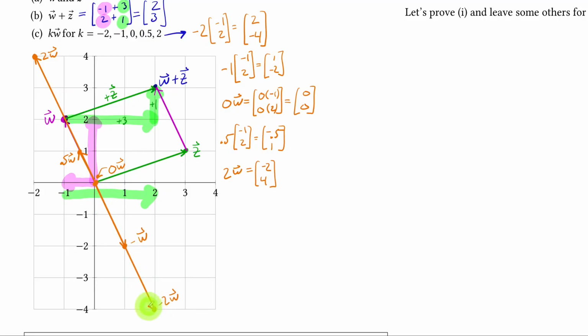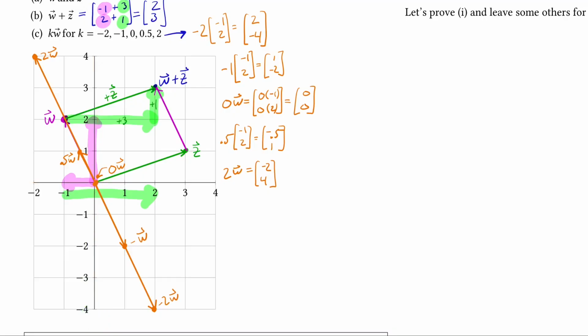We have arrows that are either the same length as w or twice as long as w, but in the opposite direction. So you can see all of these points are on a line, and it's kind of like a number line, sort of like the x and y axes themselves are two number lines.